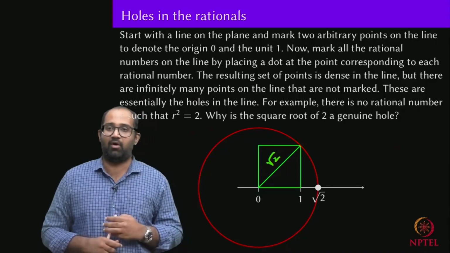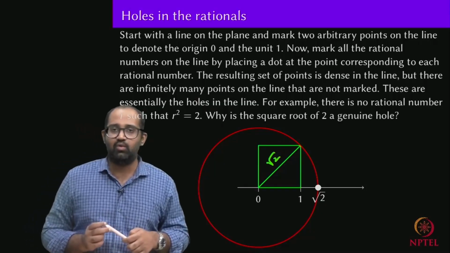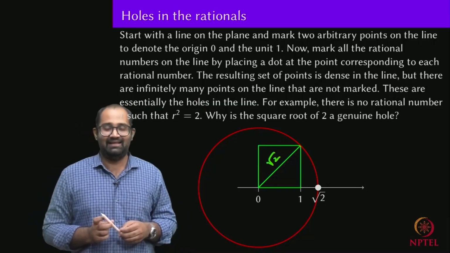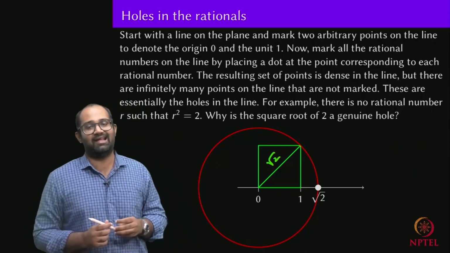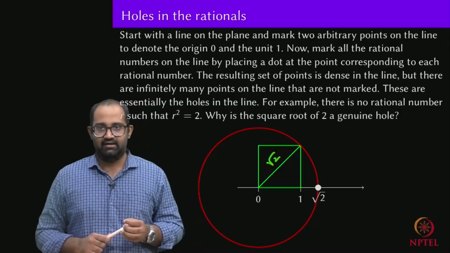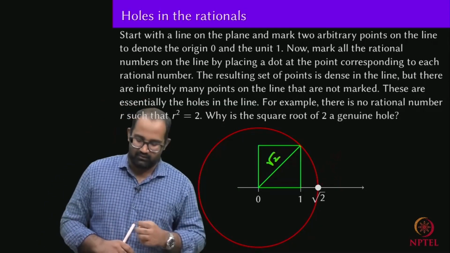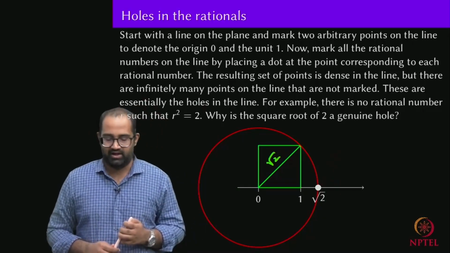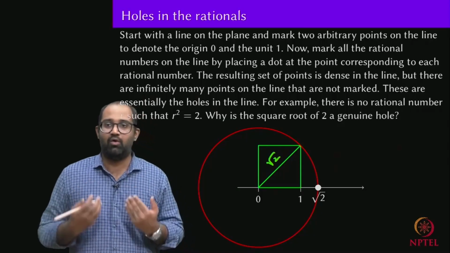Now, why is this a problem? Well, now that you have access to this diagonal, you can just take a compass and easily draw the circle of radius root 2 centered at the origin. This will intersect the line at a point here, and that point on the real line is actually a hole.